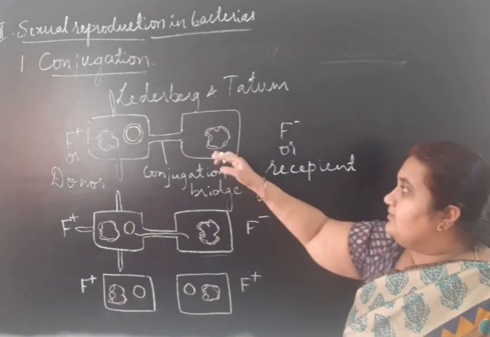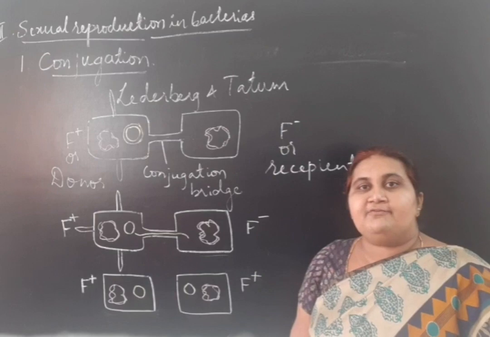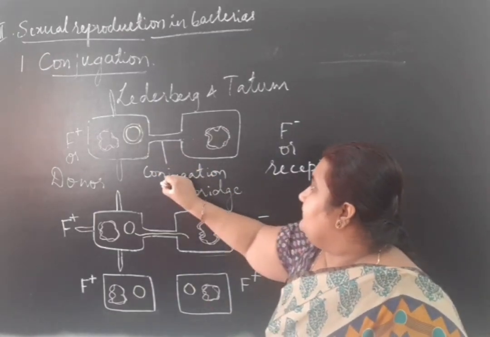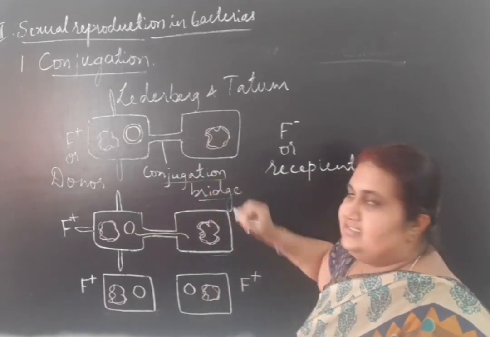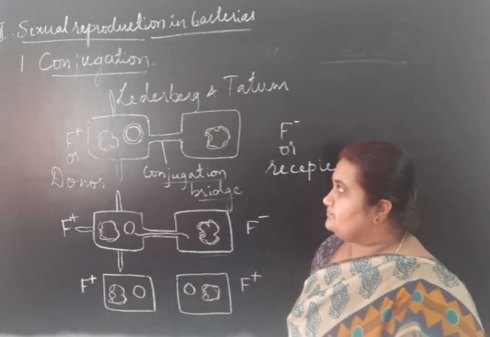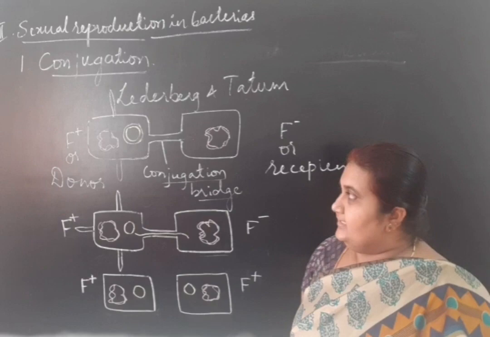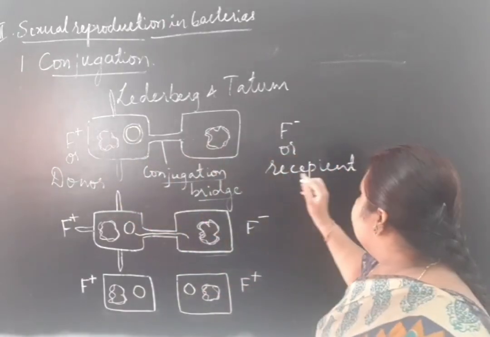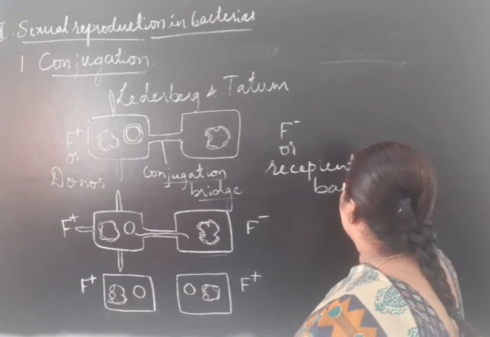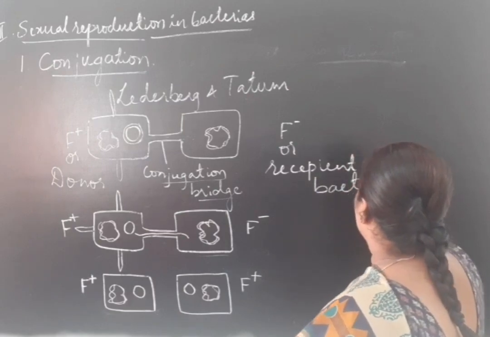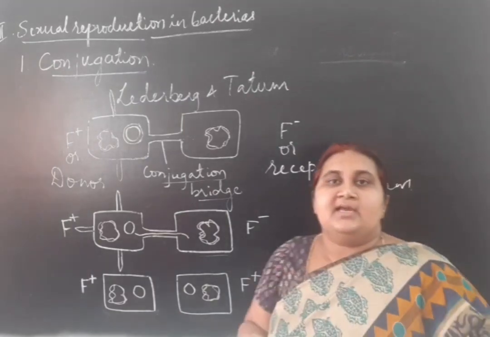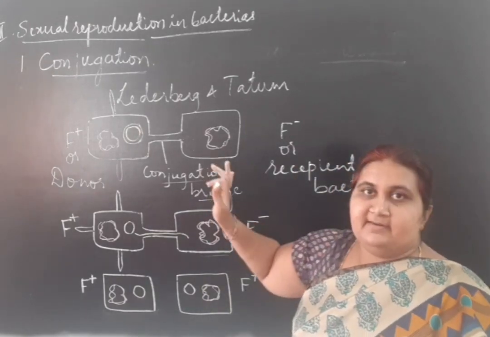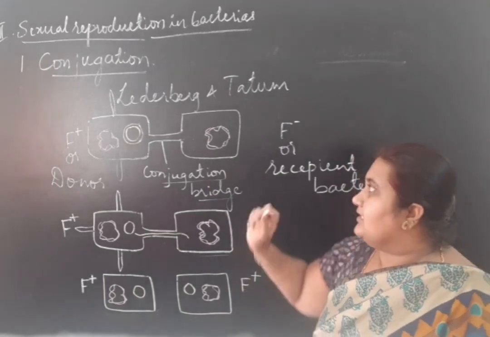Okay, so this method of transfer of genetic material by the help of a conjugation bridge is called conjugation. So it is the transfer of genetic material from the F plus bacterium to the F minus bacterium, from the donor bacterium to the recipient bacterium. Okay, in short I will explain once again.